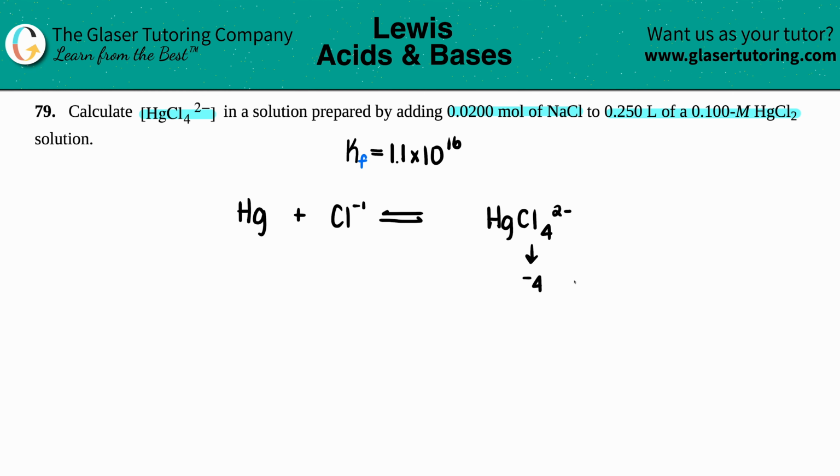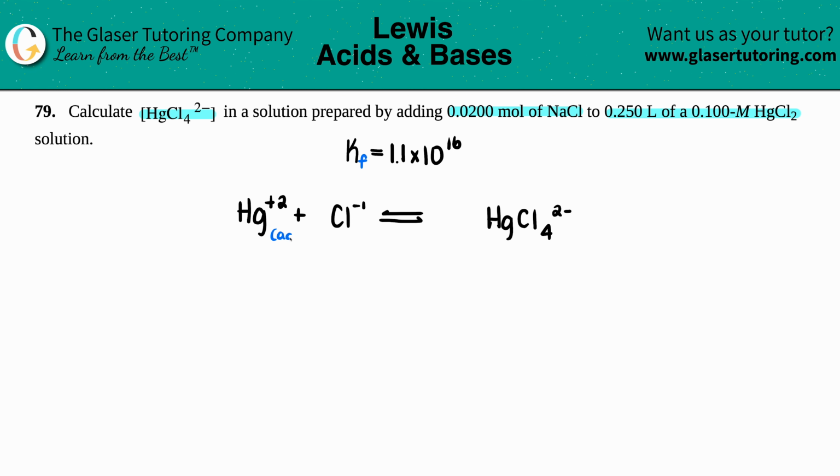The overall charge is a -2. So what would have to be the mercury's charge? Well, the mercury's charge would have to be a +2. +2 minus 4 is a -2. So that one single mercury has a charge of +2.